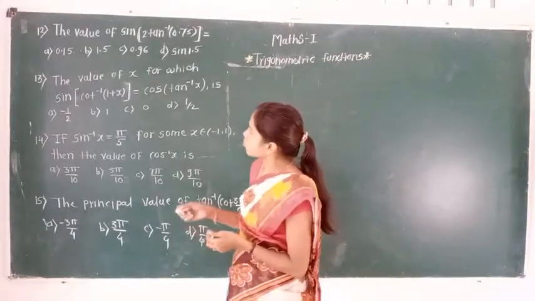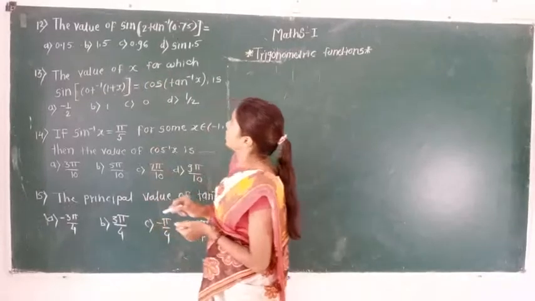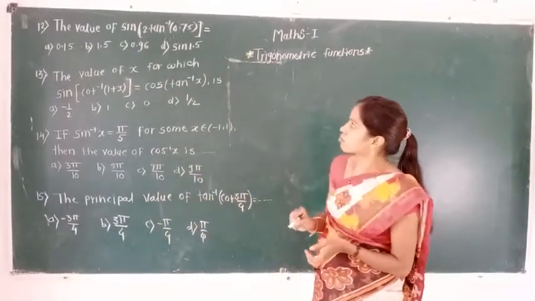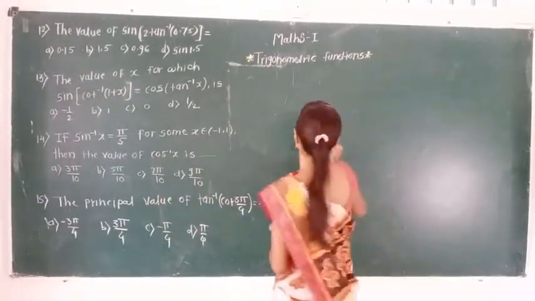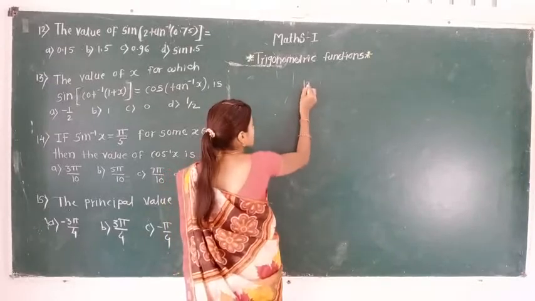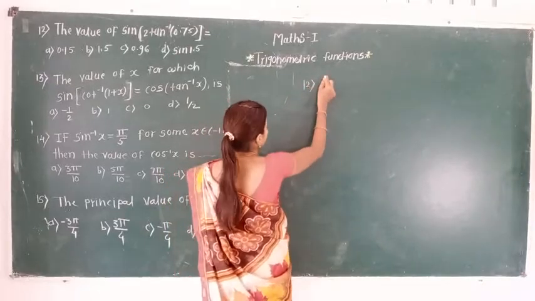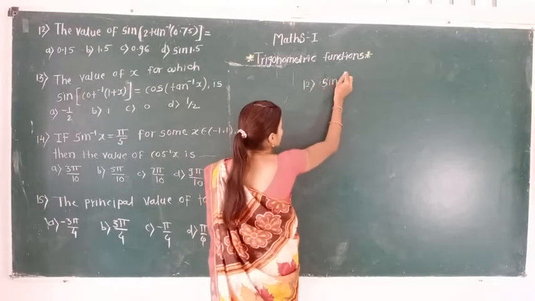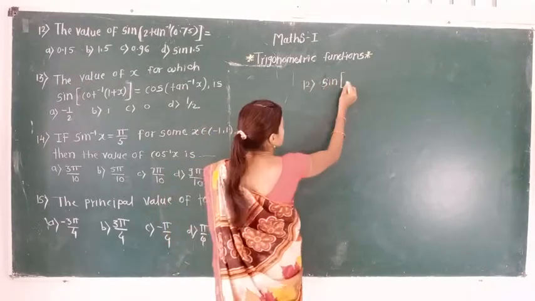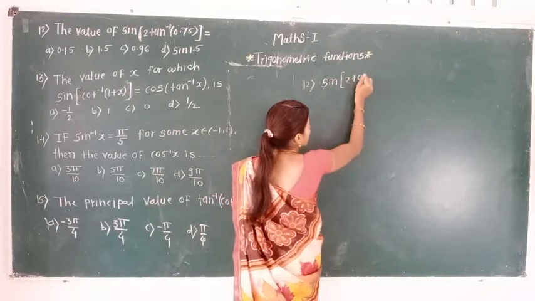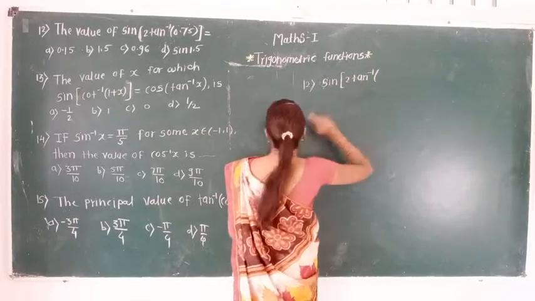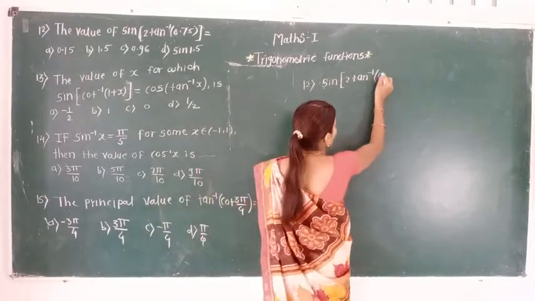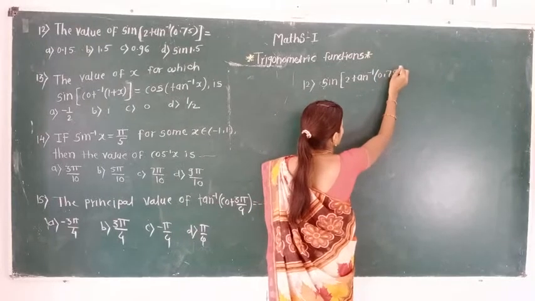See the next question. The value of sine in bracket 2 tan inverse 0.75. Okay, so example number 12 is sine in bracket 2 tan inverse 0.75.